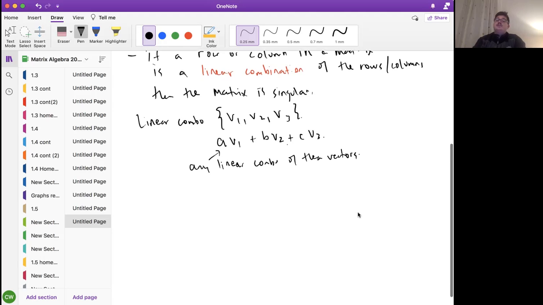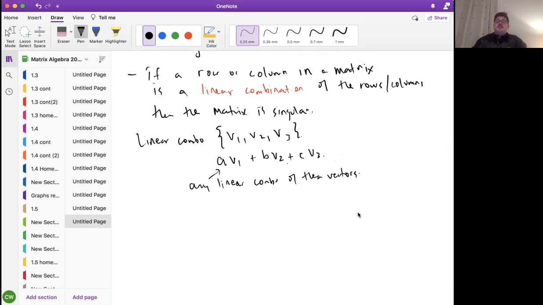Okay, so now let's think about rows of a matrix. What if row I is equal to, so let's say, except row I, to alpha k row k. That's a linear combination.